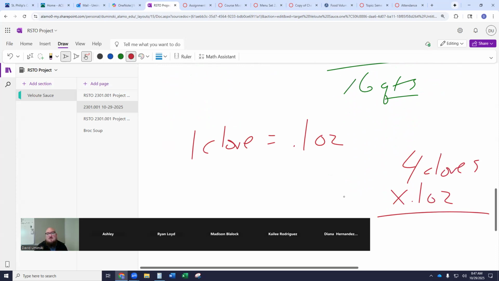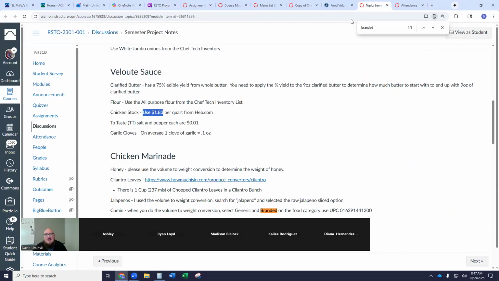Not 4 ounces, 0.4 ounce. Oh, point. Right, because there's a decimal right there. It's kind of small, but there's a decimal. It's 0.1 of an ounce. So that's going to help you with the cloves of garlic in the velouté sauce. That's okay. That's really common. A lot of people miss that 0.1.